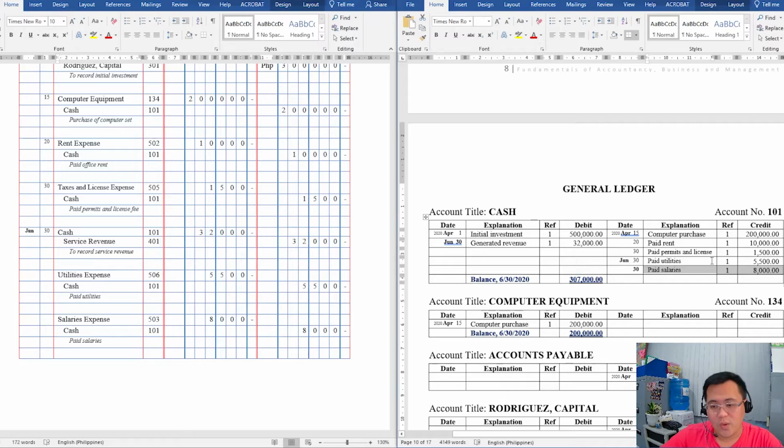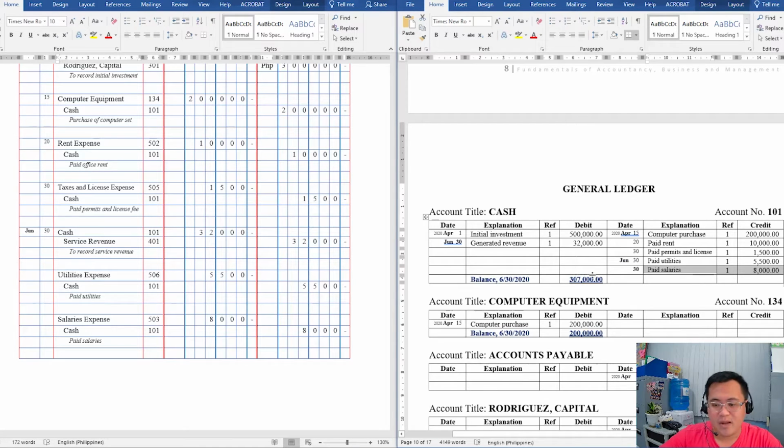Now what do we do then to our ledger after all the journal entries have been posted to our ledger? So it's simple. We have to add everything, okay? Or we need to get the net effect of each account under each ledger. So we have to get the ending balance, okay?